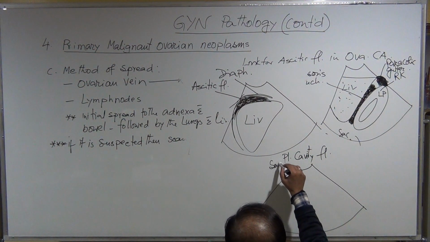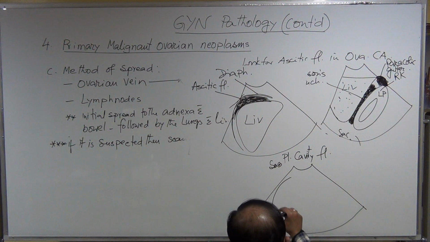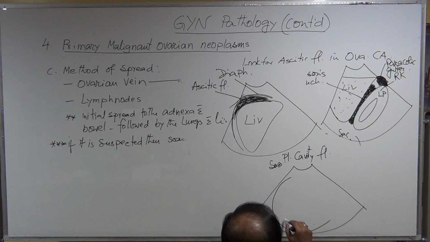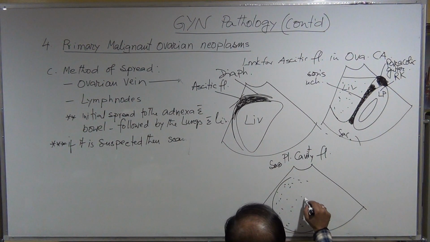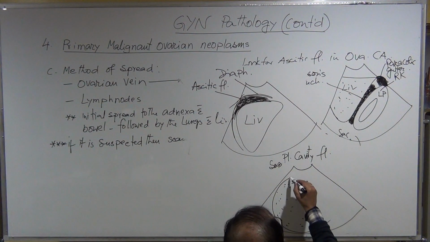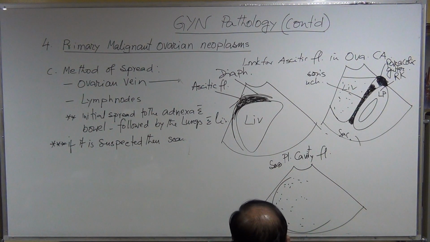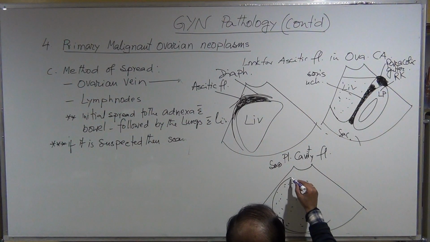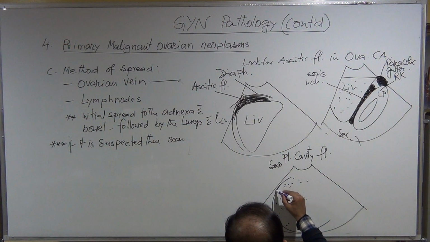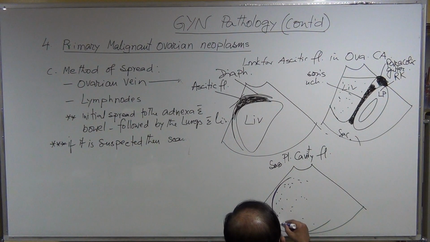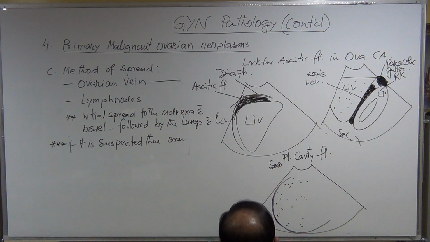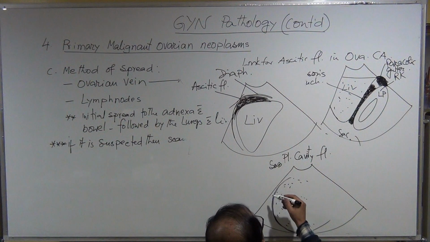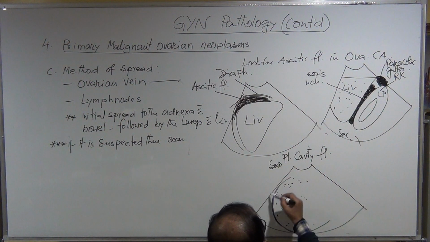This is the SAS view, okay? This is the right lobe of the liver. And this is the diaphragm. Let me put in a different color. This is the diaphragm, and above the diaphragm, this is the lung area.